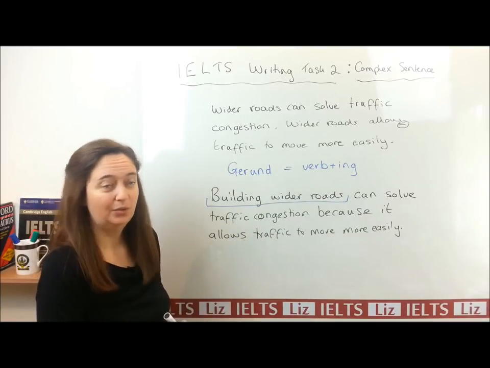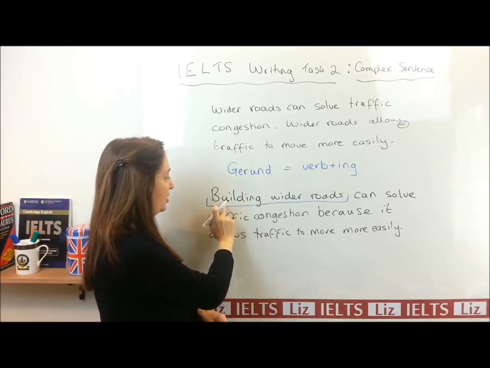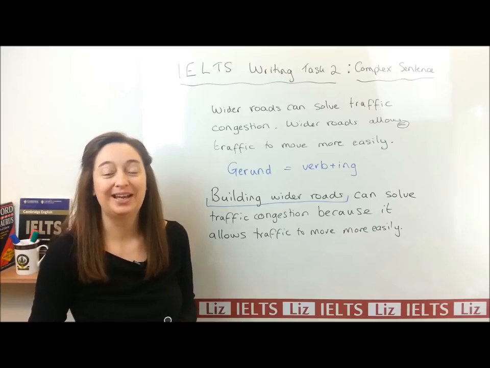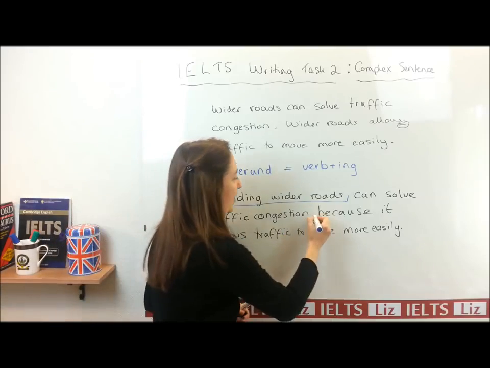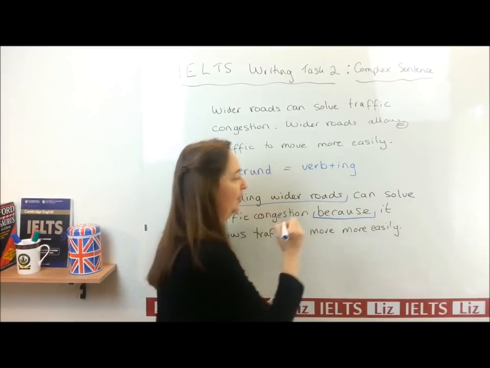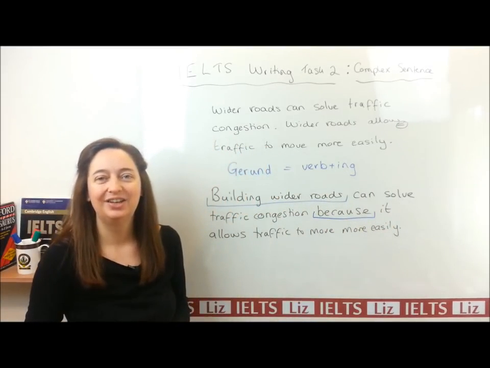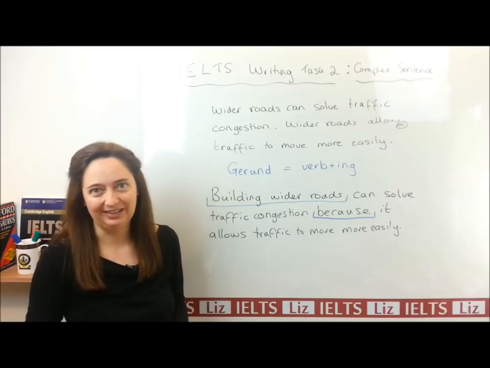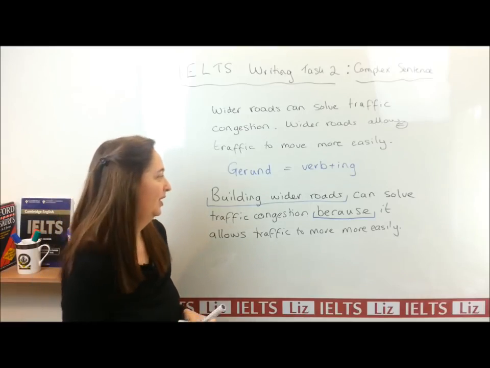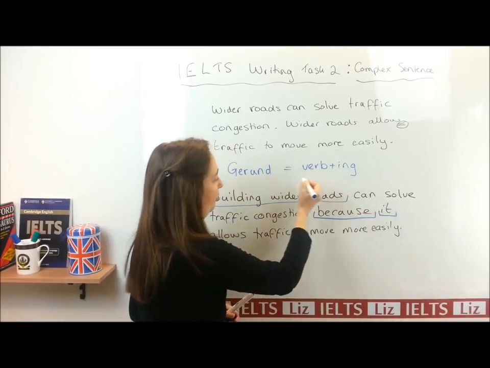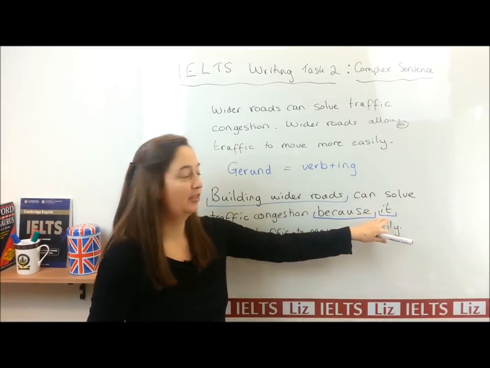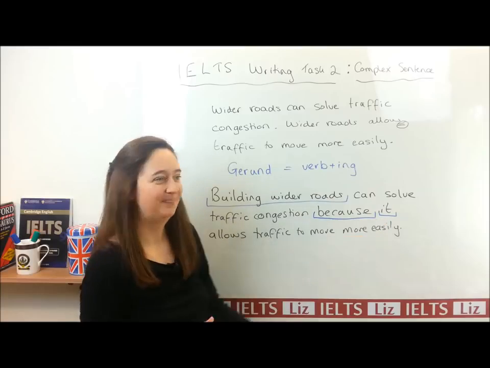So what we've done, we've changed the subject and we've used a verbing, higher band score. We have connected the 2 sentences together using the correct linker, because. We have changed the subject and we are now referring to the correct one, singular.